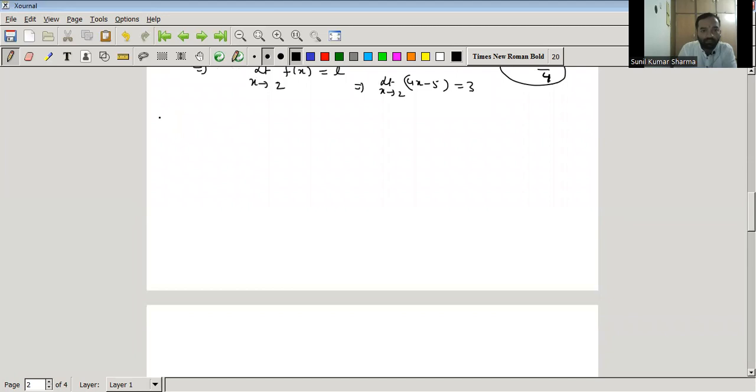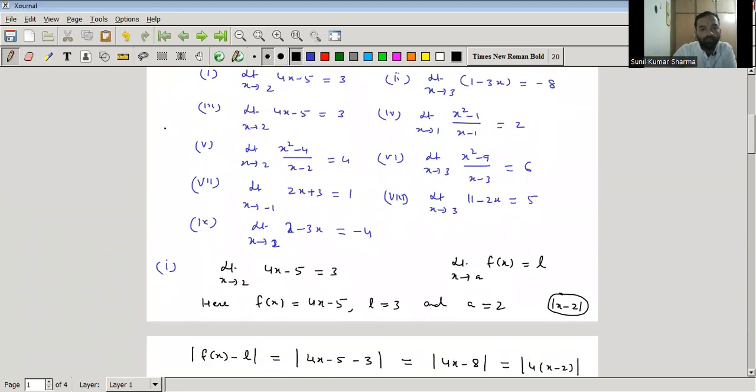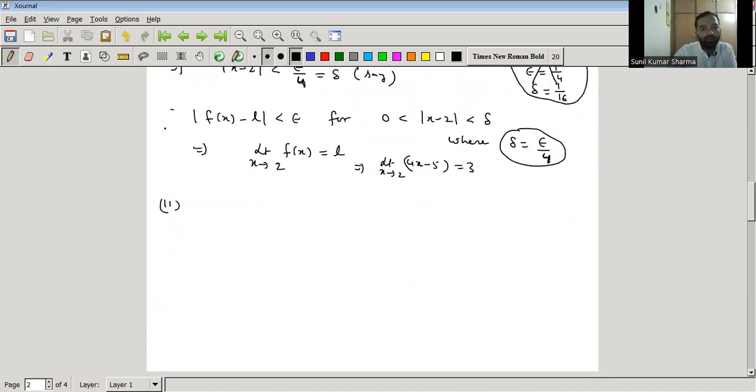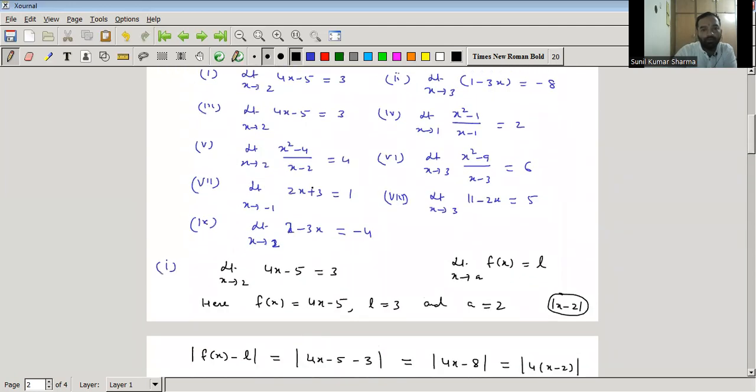Let us discuss one more example related to the same article. Let us discuss the seventh part. Limit x goes to -1, 2x plus 3 equal to 1.